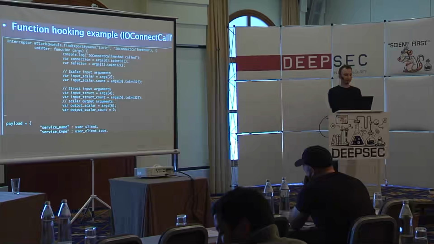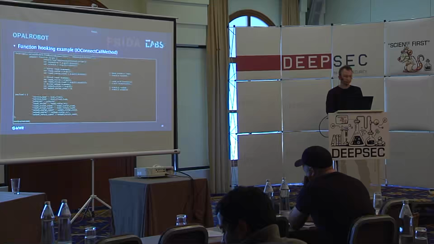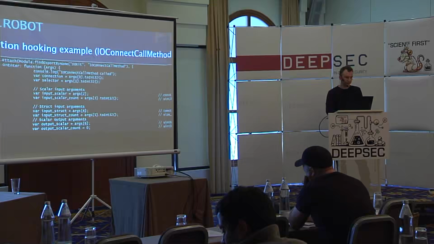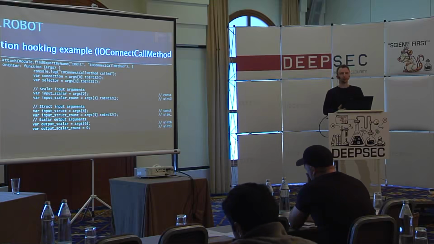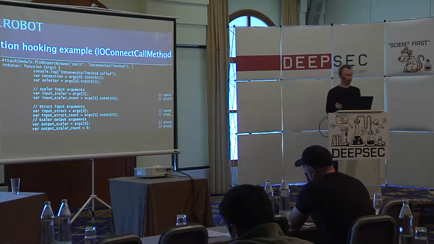You can just do Interceptor.attach, then the symbol name which you want to hook, and then you can write onEnter or onLeave methods and pull out all of the arguments passed to the function. It's really useful. If you've ever done hooking in C code, it means you have to recompile, re-inject.